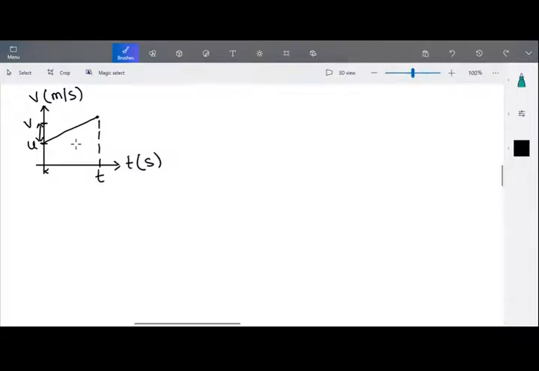So that's going to be fairly simple. All we'll need to do is subtract the initial velocity from the final velocity, which will give us the increase in velocity, and divide this by time. And so if you think about it, this is just the formula for acceleration, which you probably already knew.